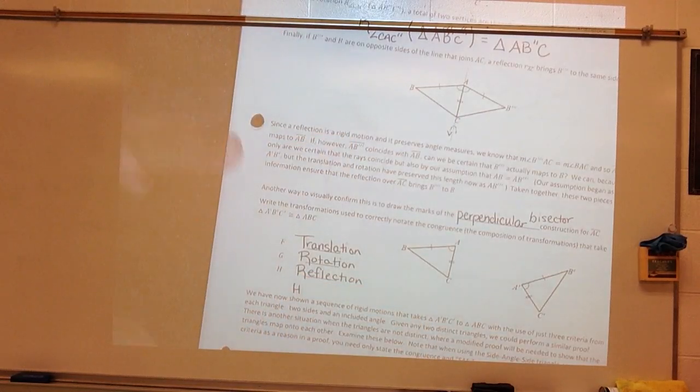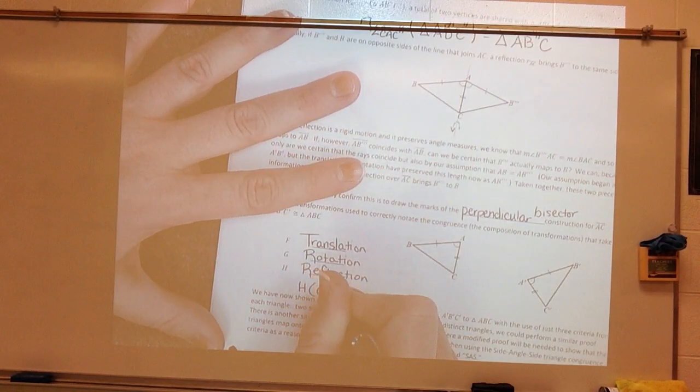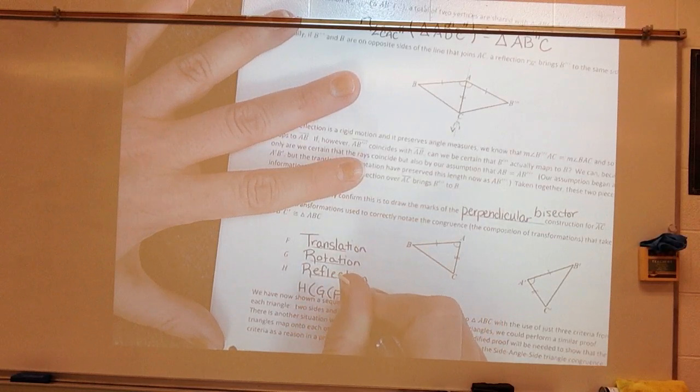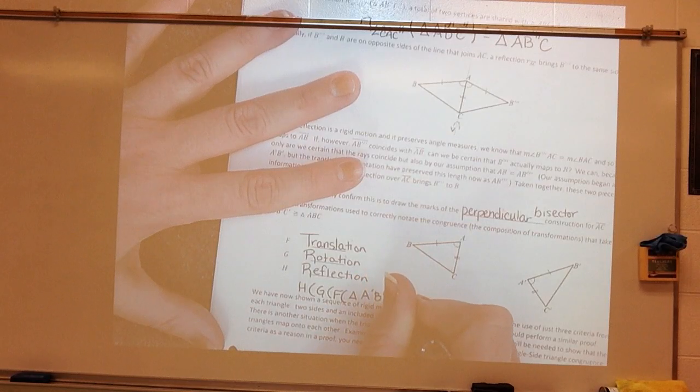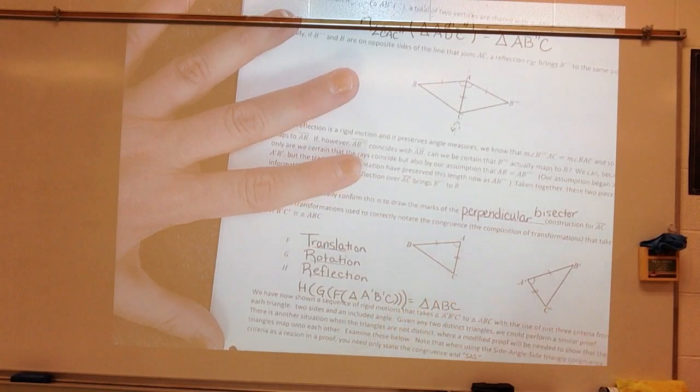H is our end. So we're going to do H of G of F of triangle A prime, B prime, C prime, which is equal to triangle ABC.